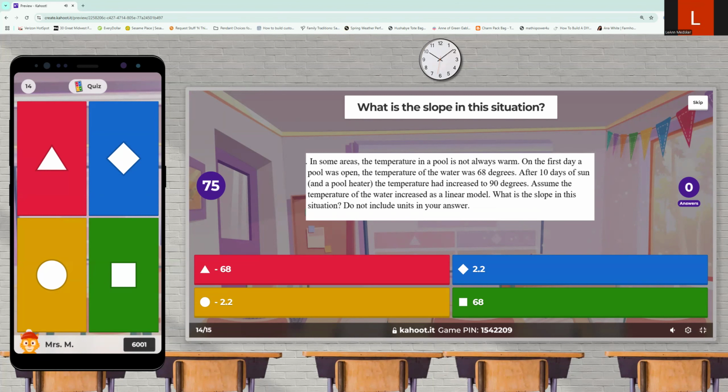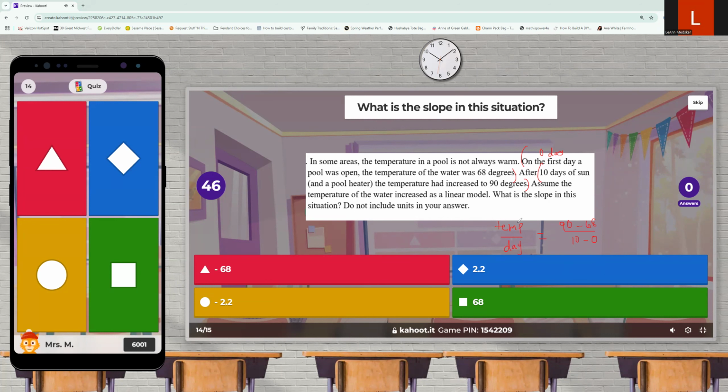Okay, so this is another one where we have to find the slope ourselves. So we kind of have the initial first day, which would be at 0 days. It was 68 degrees. 10 days later, it was 90 degrees. So remember, you do temperature per day. That's what makes the most sense. 90 degrees is the new temp, 68 was the old temp, 10 days is the new amount, 0 days is the previous amount.